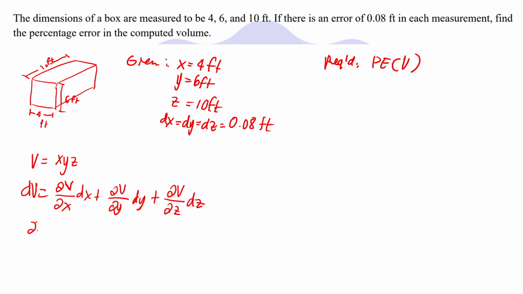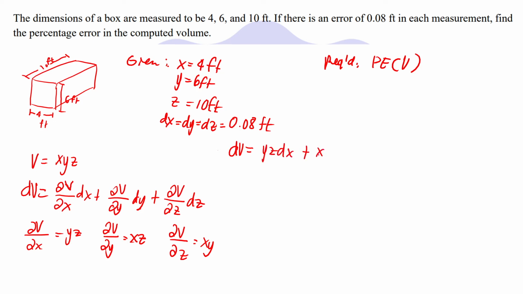In this case, partial of V with respect to x is yz times 1. Partial of V with respect to y is xz times 1. Then partial of V with respect to z is xy times 1. So your equation is now dV is equal to yz dx plus xz dy plus xy dz.